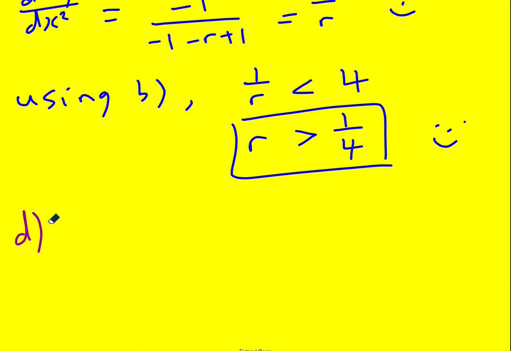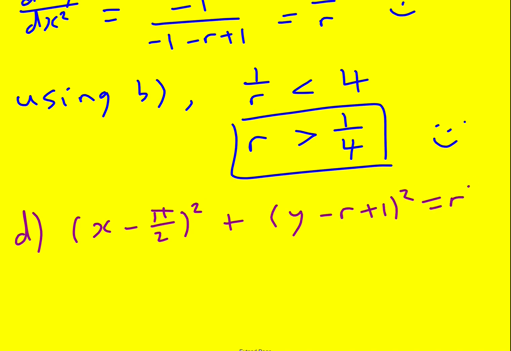So remember, we have the equation of our circle, (x − π/2)² + (y − r + 1)² = r². And now we have a point that it goes through, so the only unknown will be r.